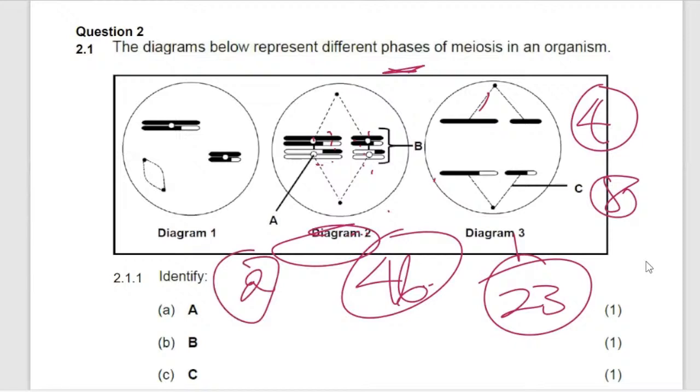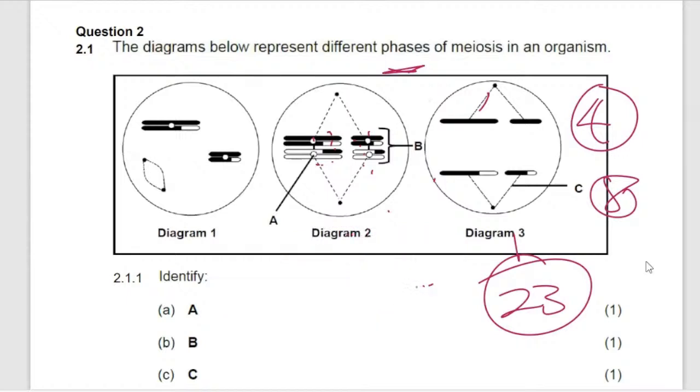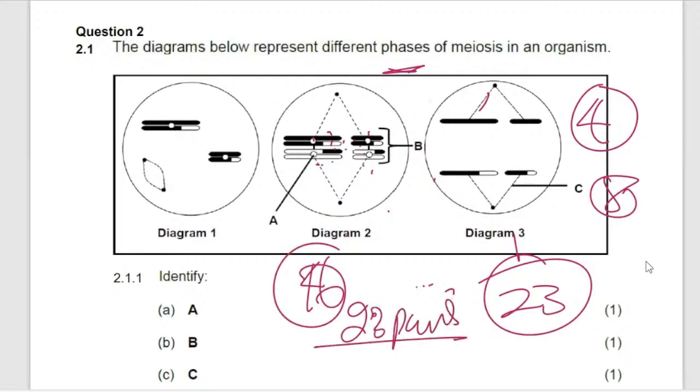Now the question comes, how many chromosomes will be found in diagram 2 if this was a human cell? Now they said if this was a human cell, because this is meiosis 1, human cell, therefore there will be 46, or there will be 23 pairs. Yes, I think I'm clear there. That is point number 1 about meiosis.